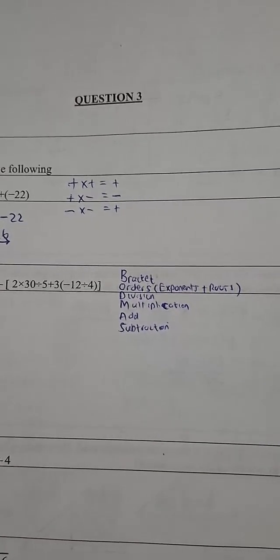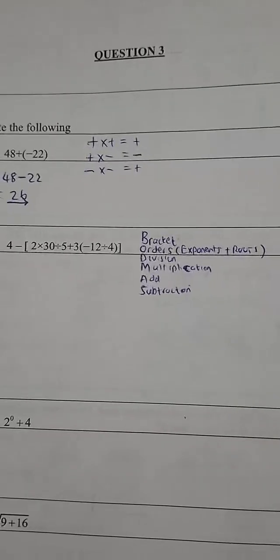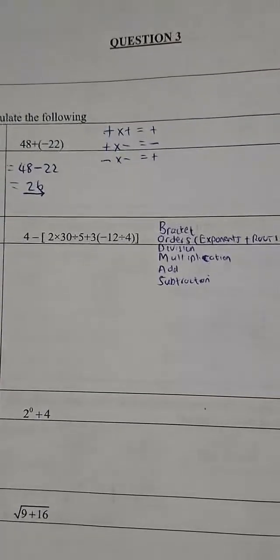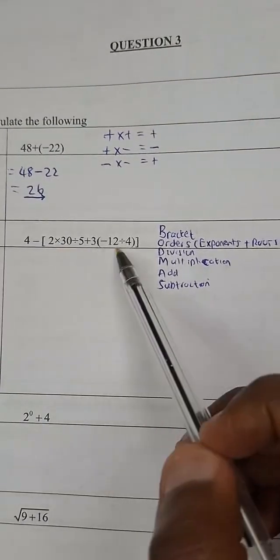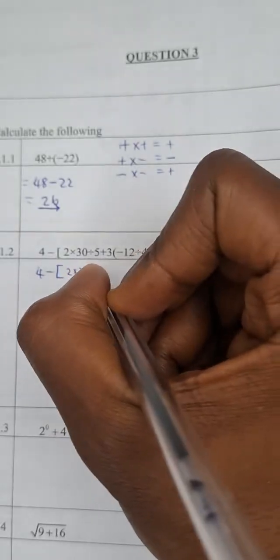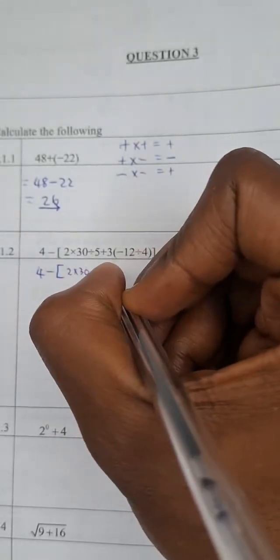Apply Bodmes correctly, we'll be happy. Apply Bodmes incorrectly, we will be unhappy. So the smaller brackets get the first attention. Everything else needs to come to a halt.